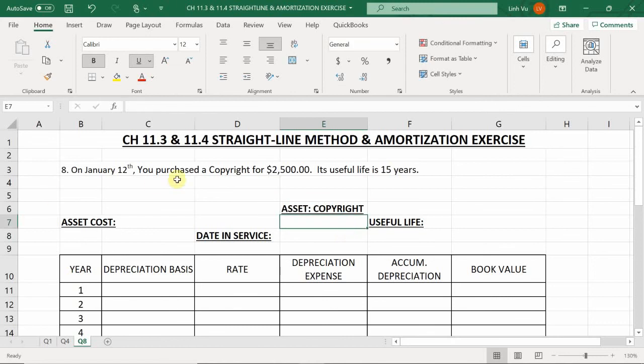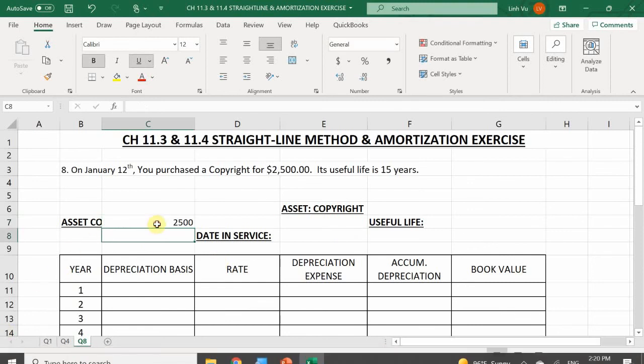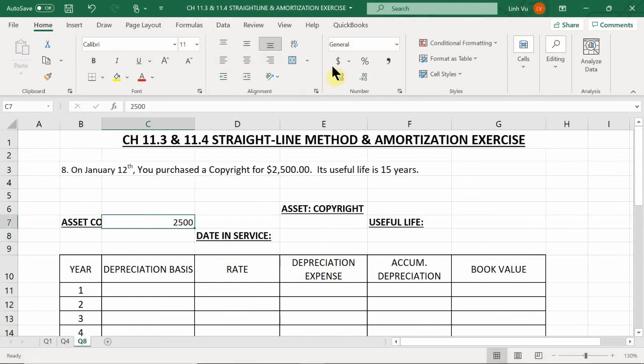How much was the cost of it? 2,500. Once again, any intangible asset does not have a salvage value. Its useful life, 15 years. And when do I place it into service?